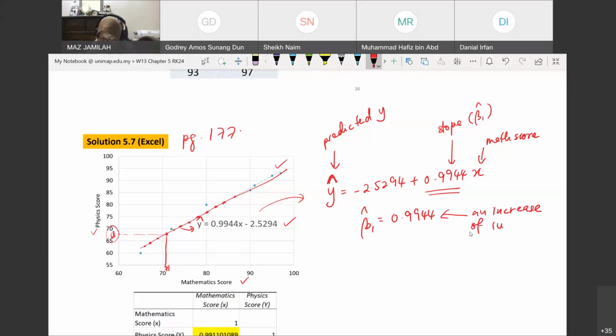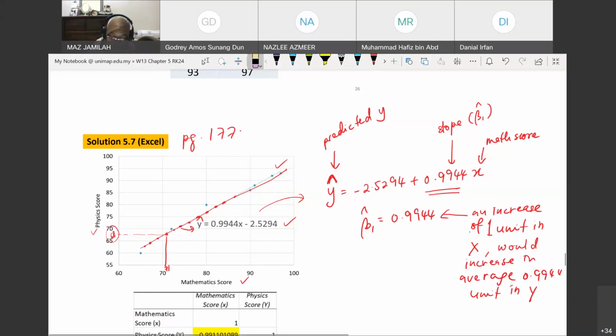An increase of 1 unit in x would increase, on average, 0.9944 unit in y, or in physics 4.